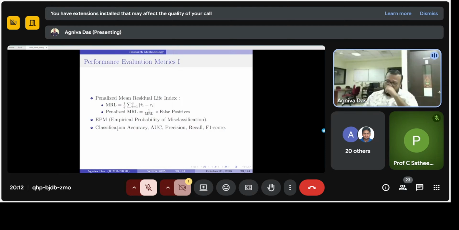We have also calculated the empirical probability of misclassification, the classification accuracy, AUC, precision, recall, and F1 score. Most of them we have seen there is a severe data imbalance, because we've used real life data sets to analyze. We found that the F1 score and even the weighted precision, recall, and F1 score are probably better indicators of how good the classification is, because there are not many change points being picked up by most of the models.